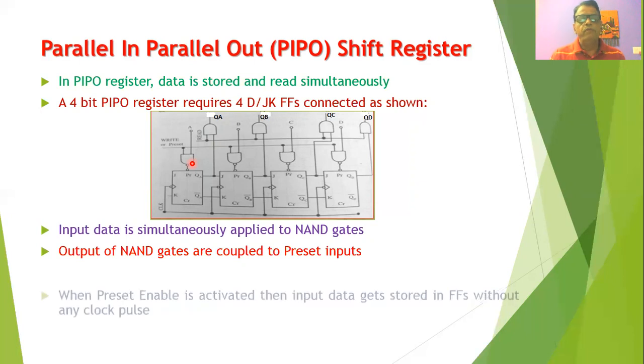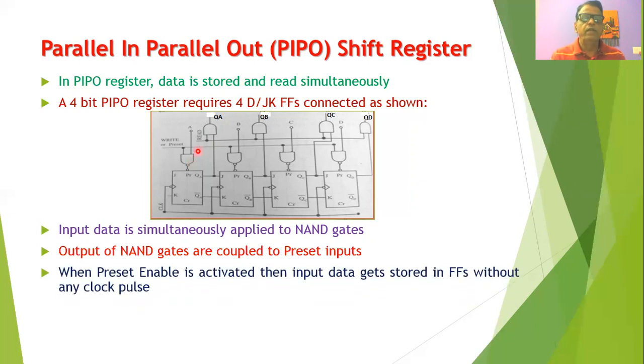So whenever we want to store 0 or 1, then we need to apply it to the input and we need to make the write or preset input enable so that the data will get stored into the concerned flip-flop without application of any clock pulse.